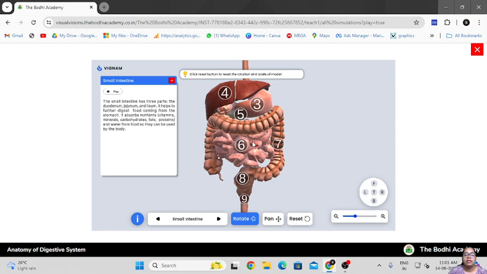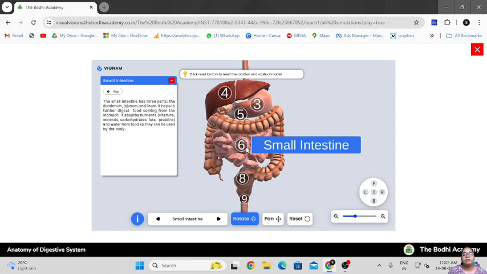The liver will secrete bile juice that will help in emulsification of the fats in the food particles. Then the pancreas will secrete pancreatic juices, which are supplied into the small intestine, and will help in partial digestion of proteins. This is how the digestion process happens in the small intestine.